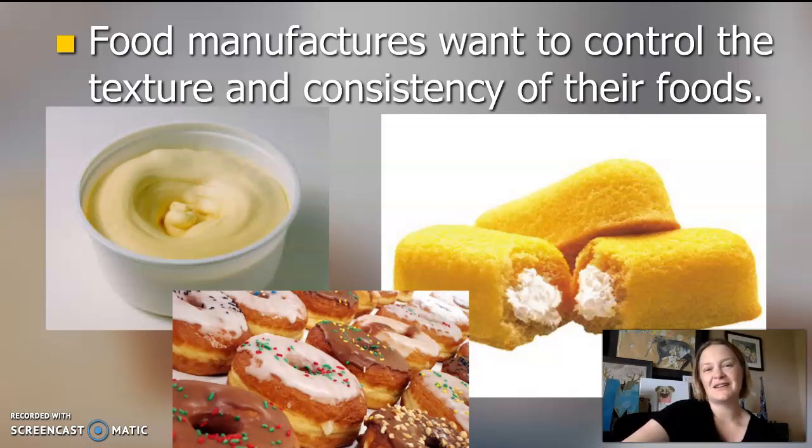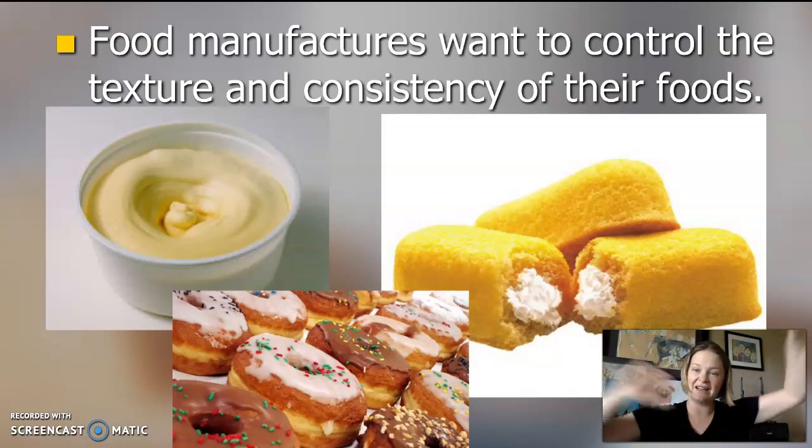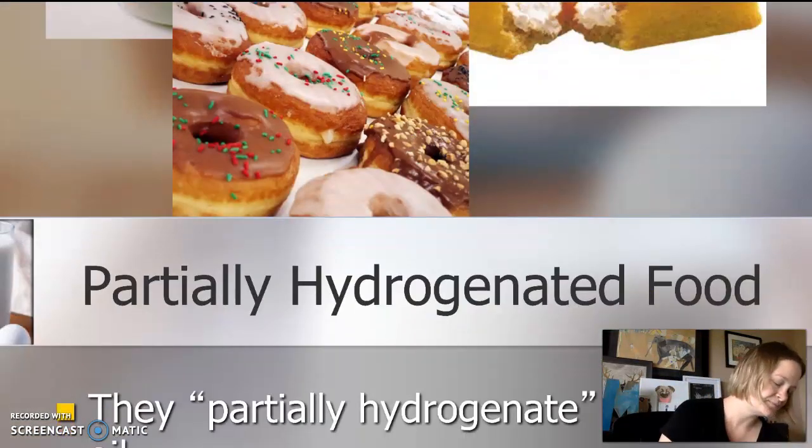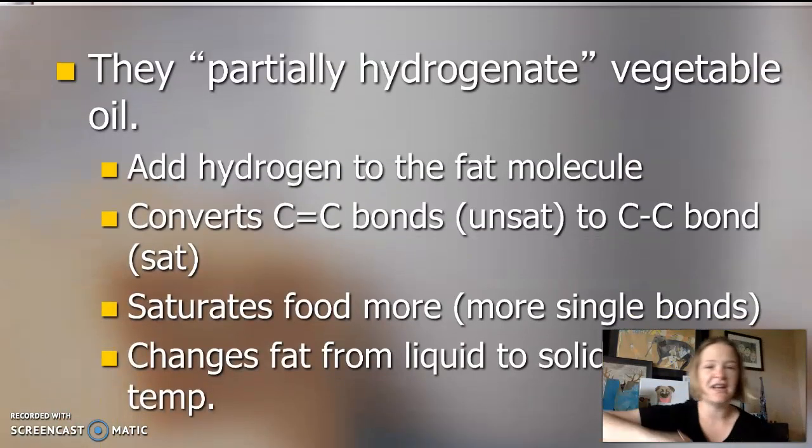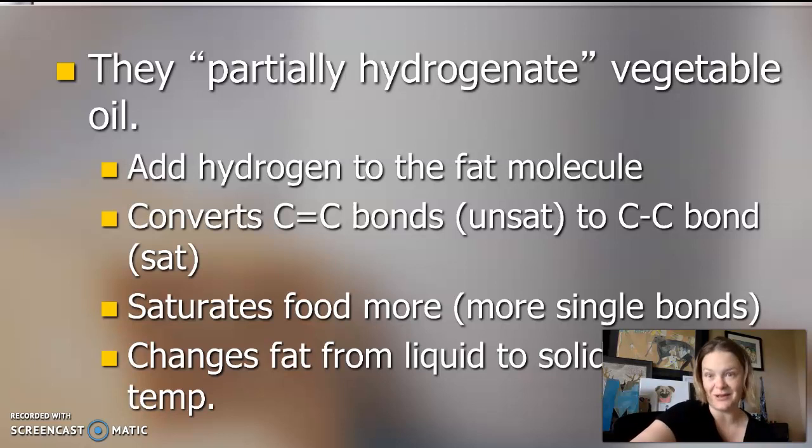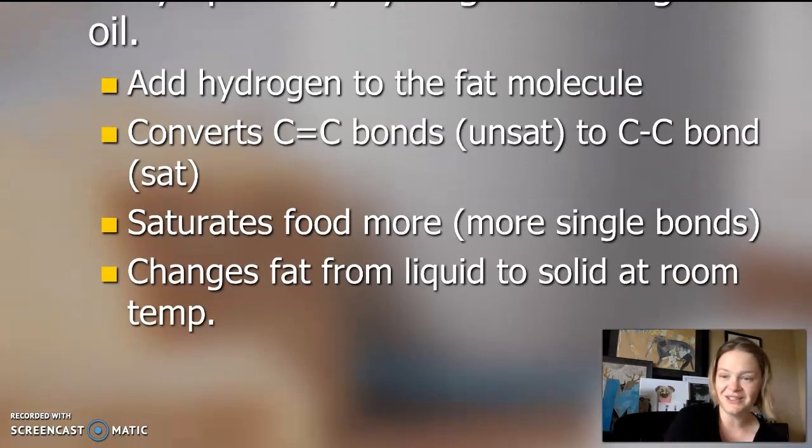You know how that's creamy? We're able to react liquid fats, so unsaturated fats, and break some of the double bonds and add hydrogens onto them. We call that partially hydrogenating them. So it's taking something that behaves like a liquid and breaking double bonds by adding hydrogens to make it behave more like an animal fat or a solid fat. So it changes the texture of the food, so we can control how creamy it is.